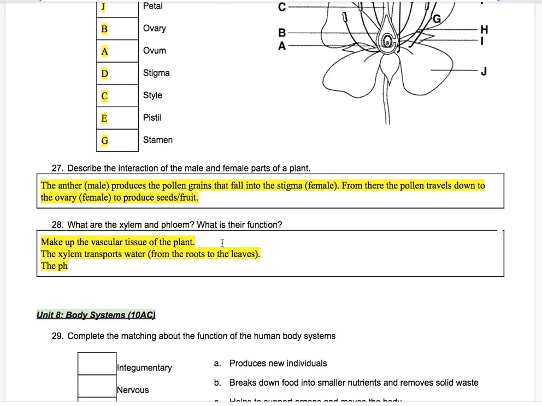And the phloem transports nutrients, not water, throughout the plant. So it's important to remember that the xylem only carries water up. Water always goes from the roots to the leaves because the roots are the ones absorbing the water. The phloem can go up or down throughout the plant because it's carrying the nutrients to different parts of the plant, depending on where it needs to go.